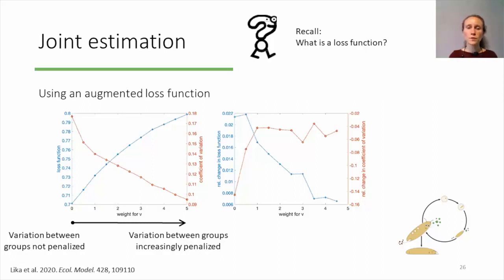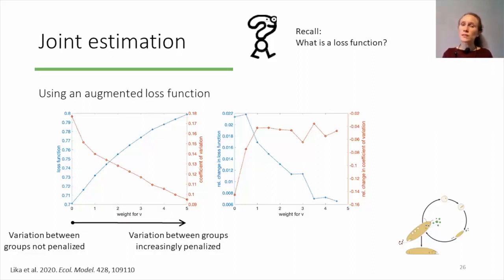So if you have a weight in the loss function which is 0, so 0 means you don't use the augmented term, then variation between groups is not penalized for this particular parameter. For example, in the graph here, it's nu, which means that you come back to the previous situation where this parameter could freely vary between groups.